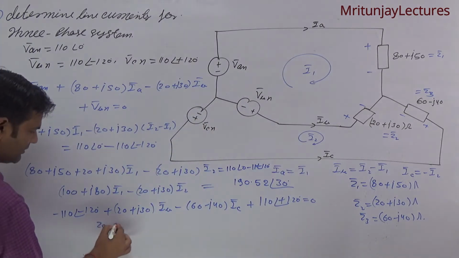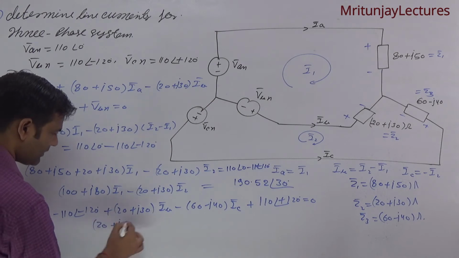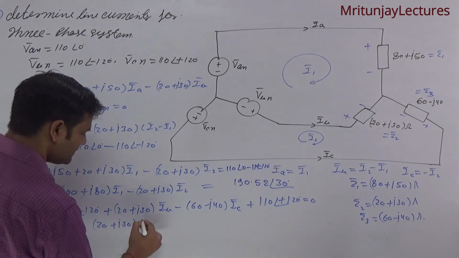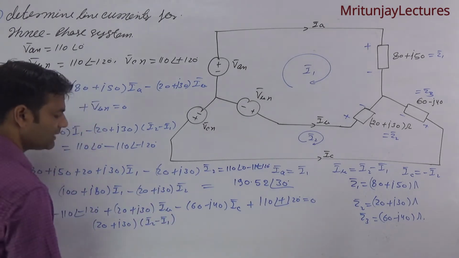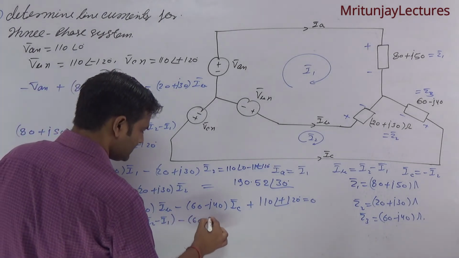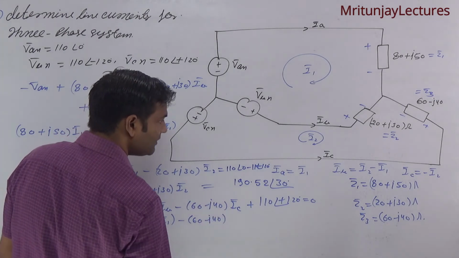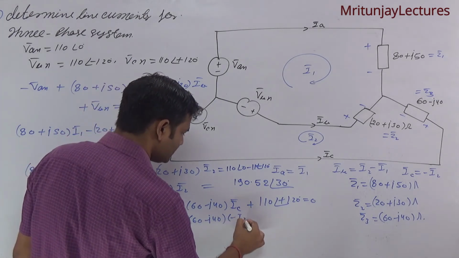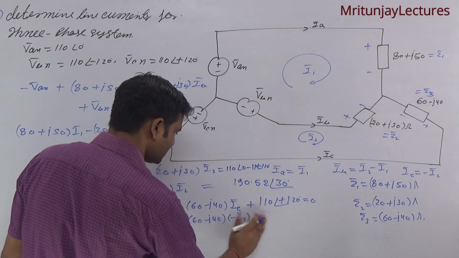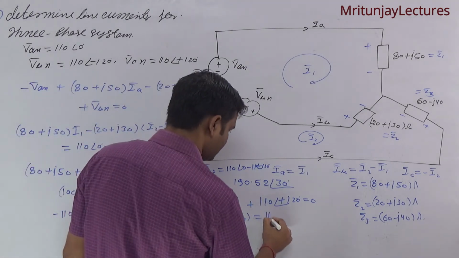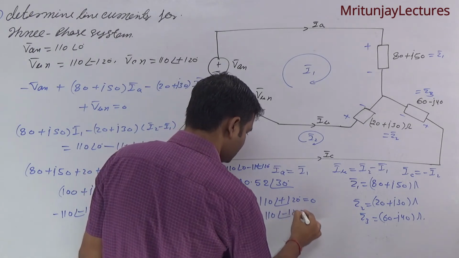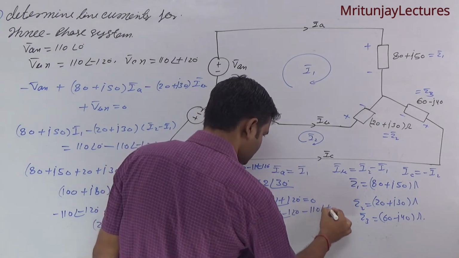Now 20 plus j30, IB is I2 minus I1, minus 60 minus j40. What about IC? That is minus I2. This will be equal to 110 at the angle minus 120 minus 110 at the angle 120.